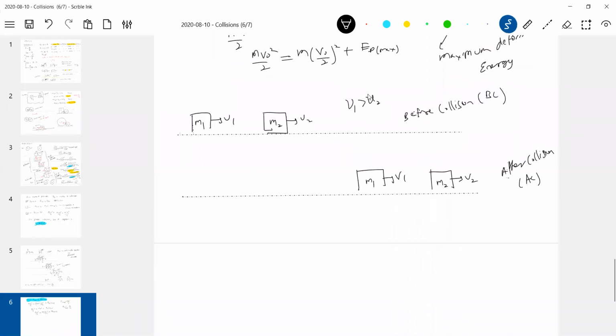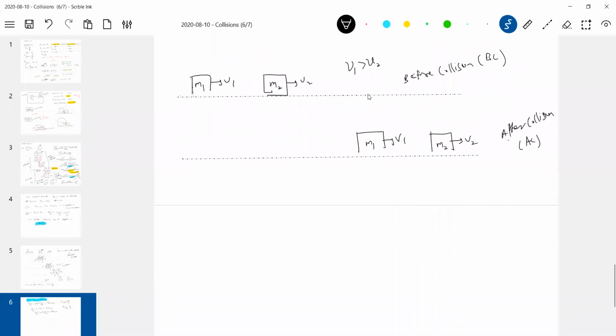Collision occurred. So let's apply conservation of linear momentum. M1 U1 plus M2 U2 should be equal to M1 V1 plus M2 V2. Can we conserve kinetic energy? Yes. So initial kinetic energy equals final, conservation of kinetic energy.